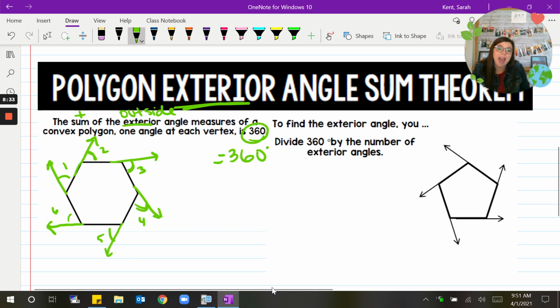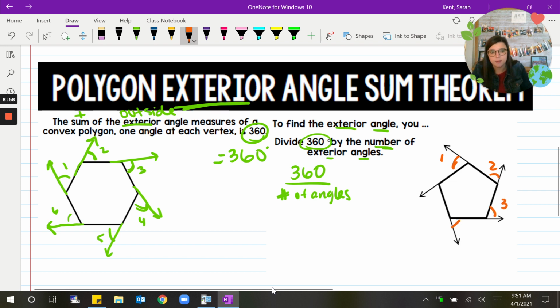So to find the exterior angle, you simply divide 360 by the number of exterior angles. So if we look at this example, I can see I've got 1, 2, 3, 4, 5 exterior angles.